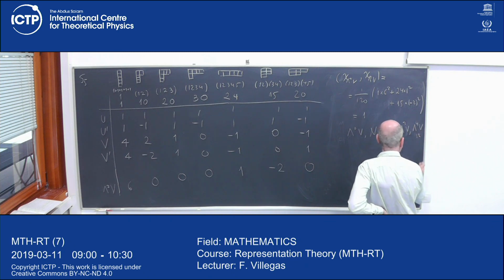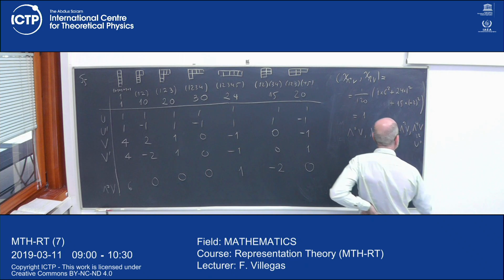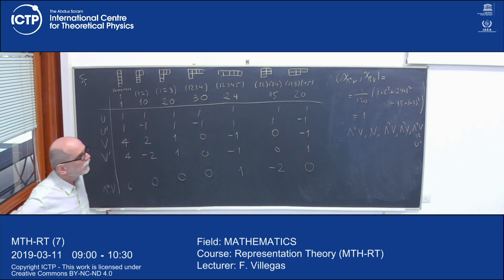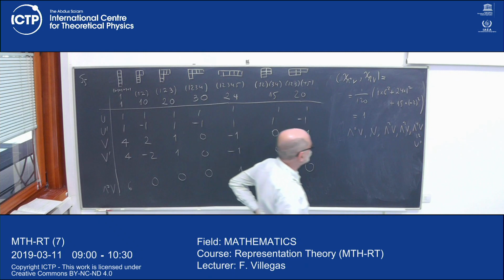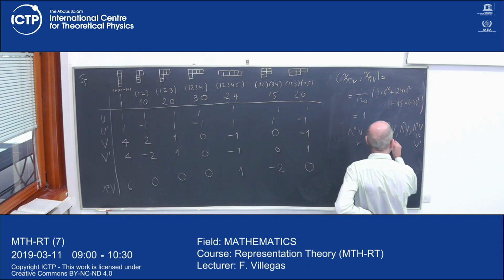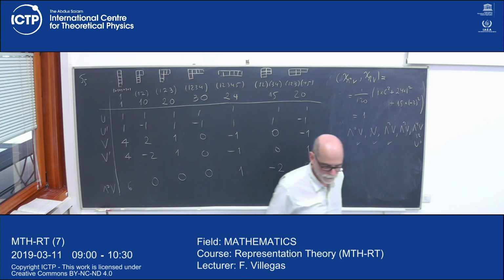And I think we argued on Friday that wedge 4 is the sign representation. This is the determinant of the permutation matrices. So this one doesn't give us anything new. This one we have, this one we have, this one we have. So how about wedge 3?